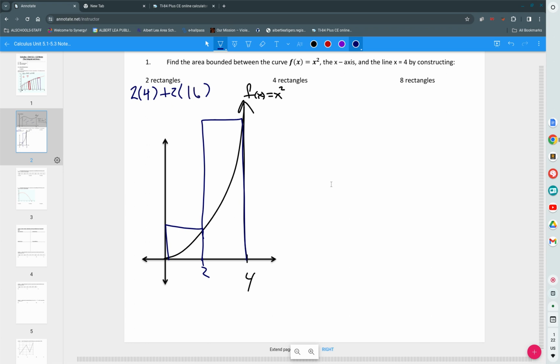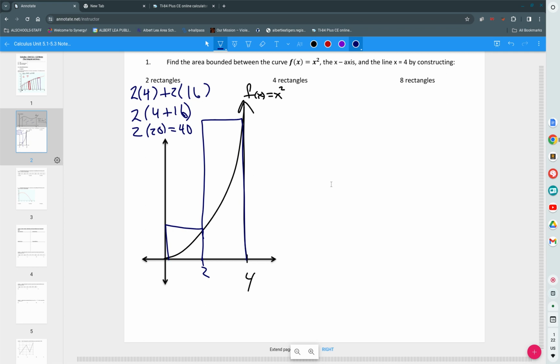And so I notice that the width is going to be the same every time. Agreed? So I could just have the width times the sum of the heights. That's going to save me just a little bit of work in the long run. So I have 2 times 20, which is 40. So the approximate area is 40.